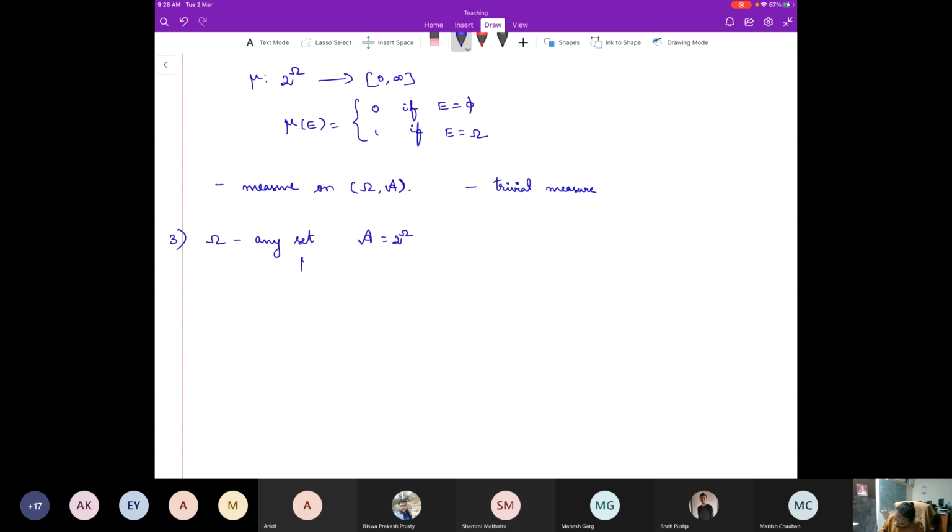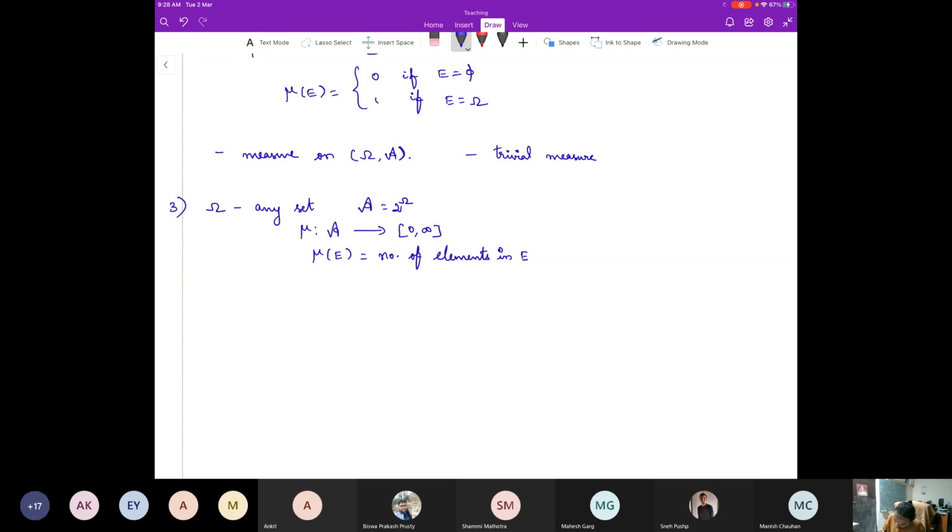And then you define mu from A to 0 comma infinity as mu of E equal to the number of elements in E. Again, you can verify that mu is a measure. I'll simply leave it as an exercise. Not a difficult one. So this measure is what is known as counting measure.